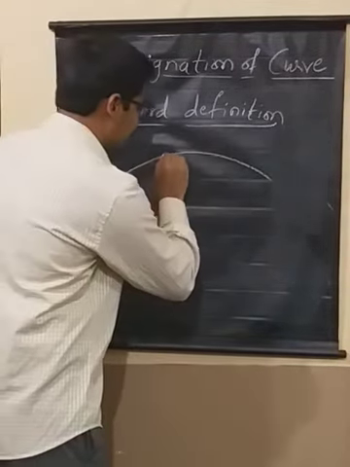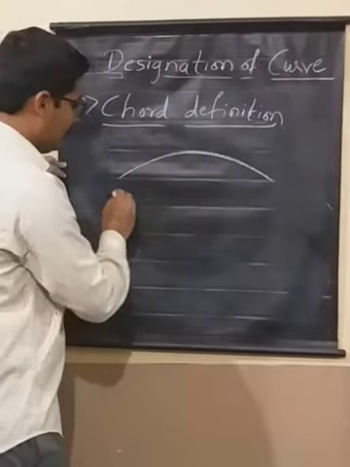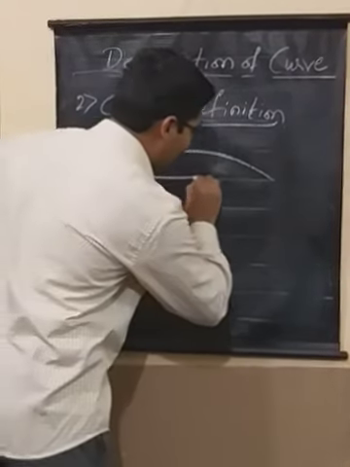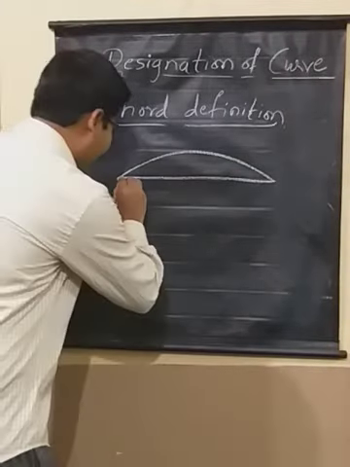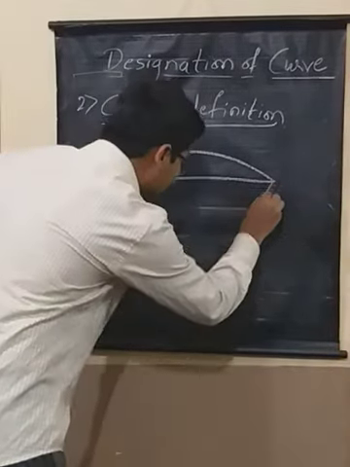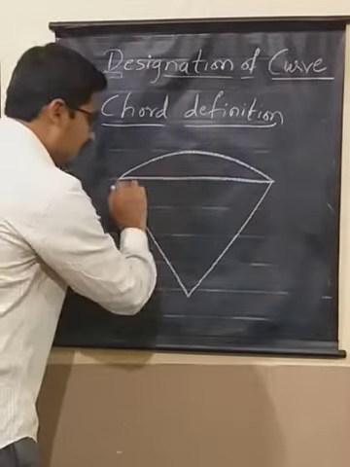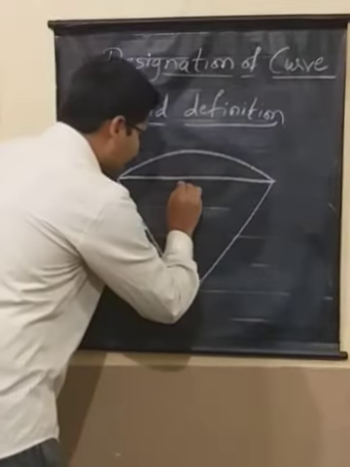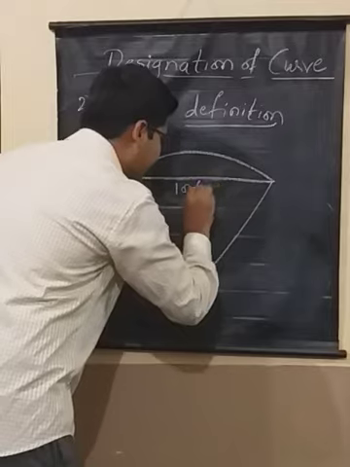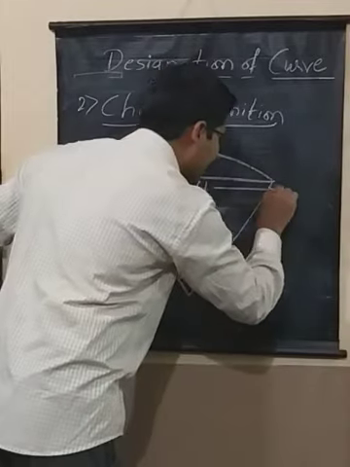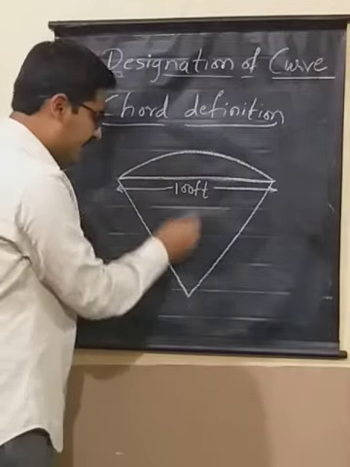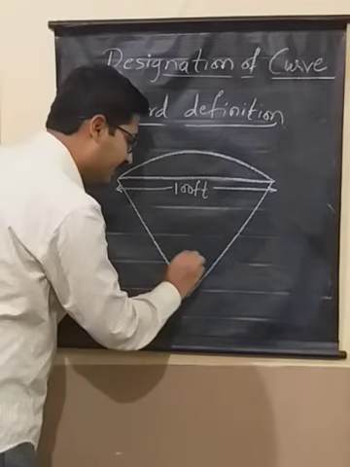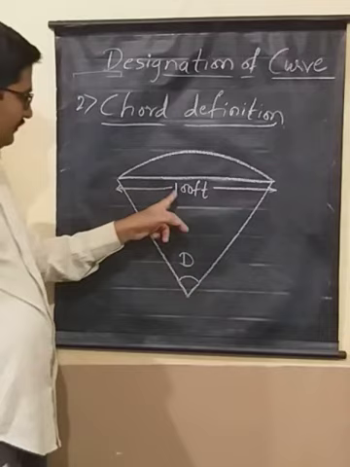If there is a curve, and I draw a chord, so this is the chord, right? If the chord is 100 feet, then the angle subtended at the center will be the degree of curve, isn't it?